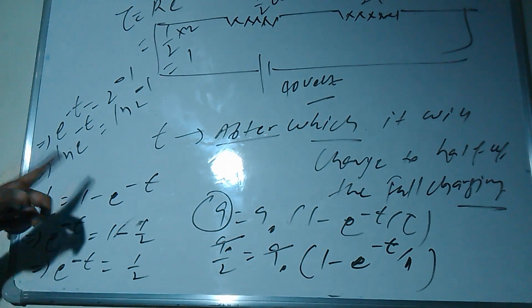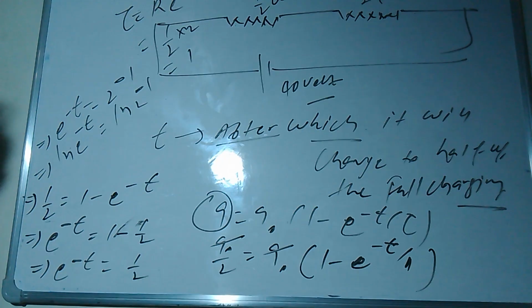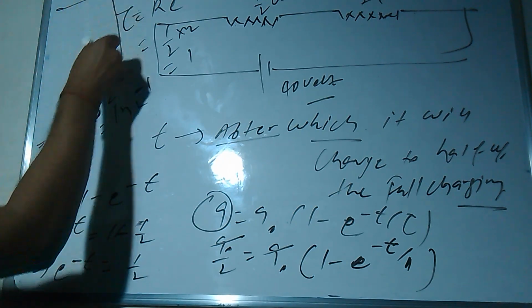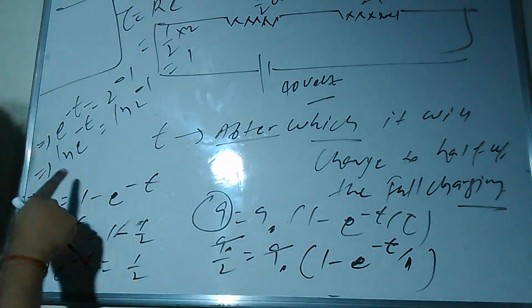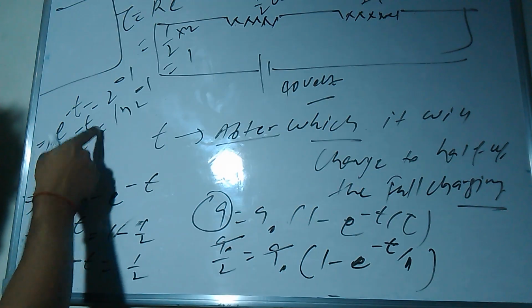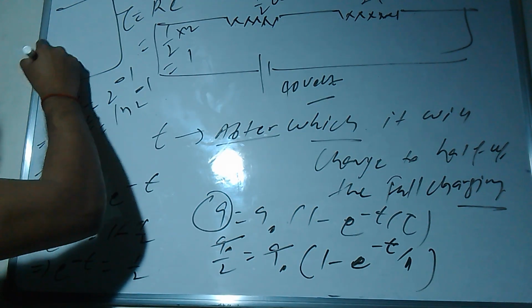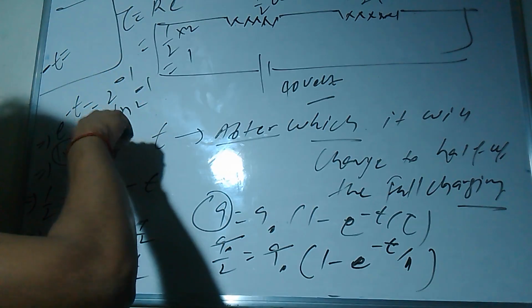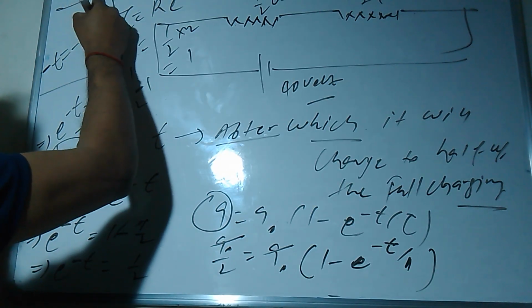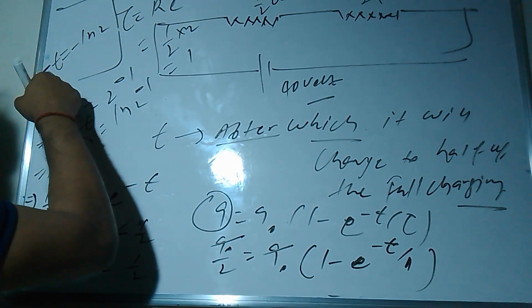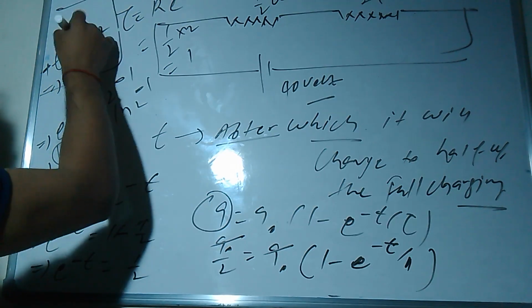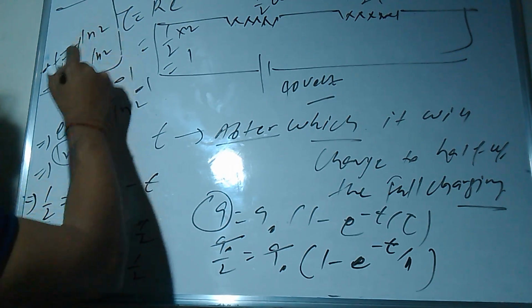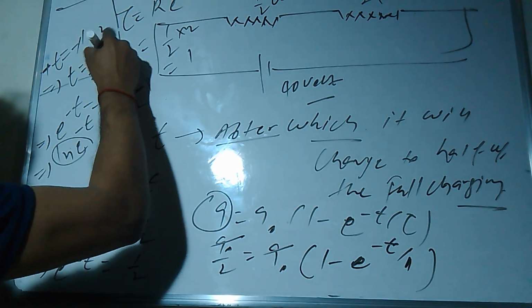I'm writing here because I think it's important, so I don't want to erase all this. ln e to the power minus t, this is 1, so it is minus t. Minus t equal to ln 2 to the power minus 1, which is minus ln 2. Minus minus cancel out, so t equals ln 2. ln 2 is 0.693, you can check it once.